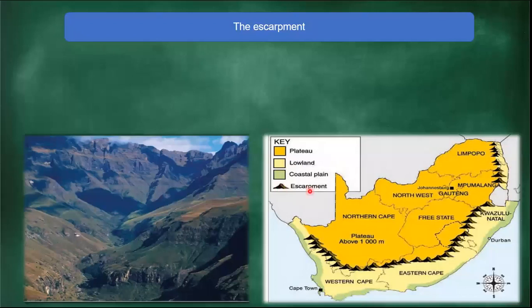We look at the symbol on the map, and we see these are mountains around the map. So these are all called escarpment. In a real picture, they look like this one that I'm pointing. Are we clear?